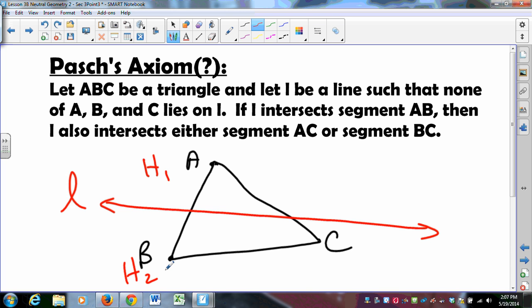Well, C has to be either in H1 if I drew my diagram badly, or in H2 if I drew my diagram well. If C is in H2 as it appears, then A and C are on opposite sides of line L, and you get the intersection that you need. If C is in half plane H1, counterintuitive based on the picture, then segment BC must intersect line L.